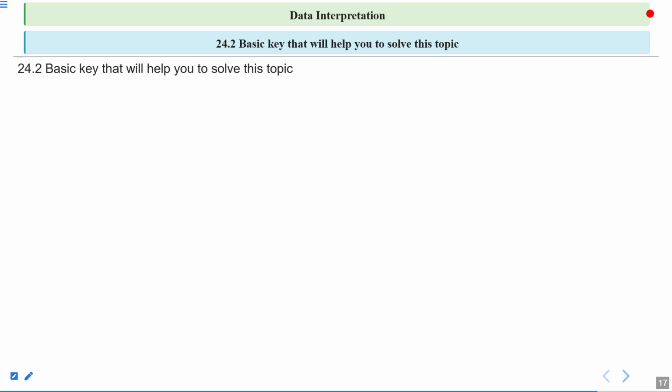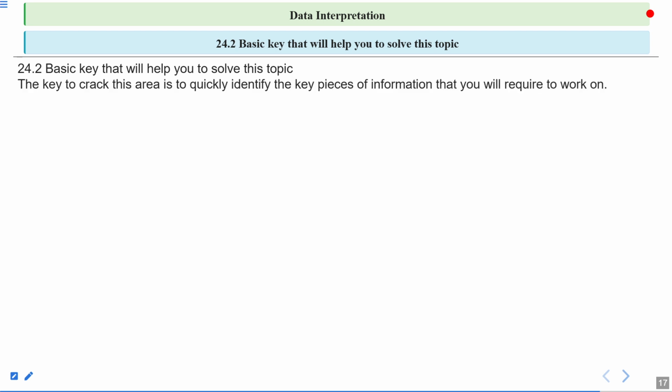Next one, basic key that will help you to solve this topic. So these are the keys to crack this area: to quickly identify the key pieces of information that you will require to work on. First one is calculation. Second is squaring of the number.